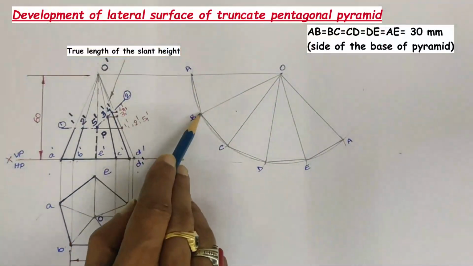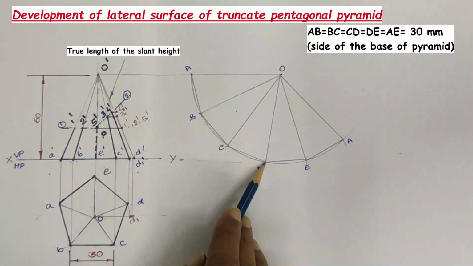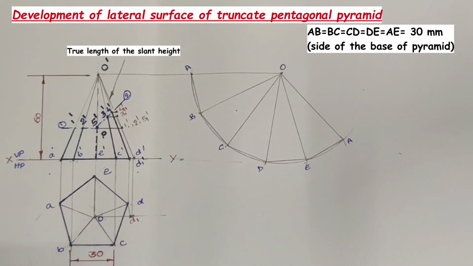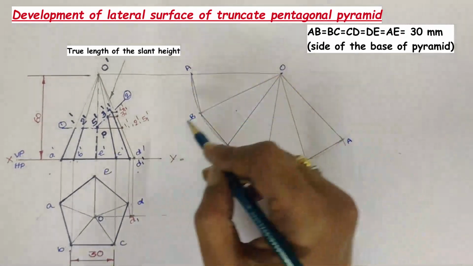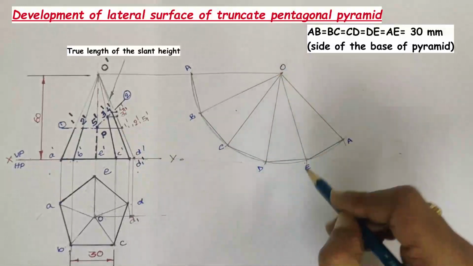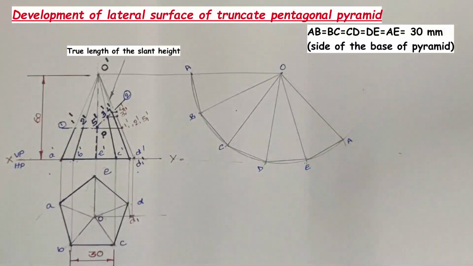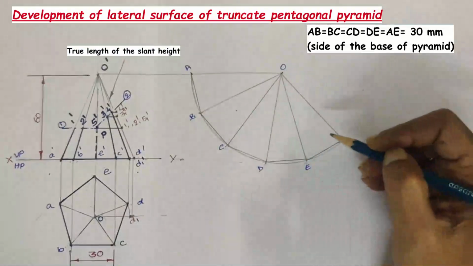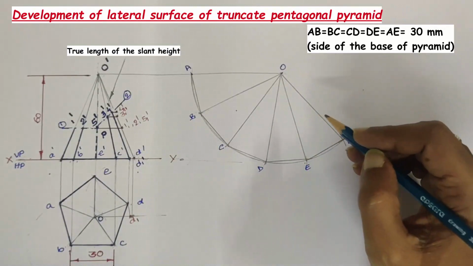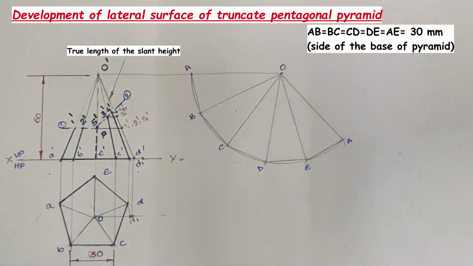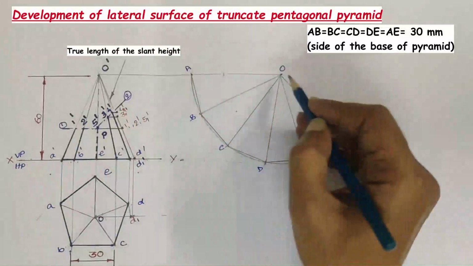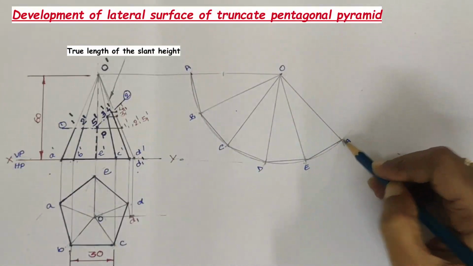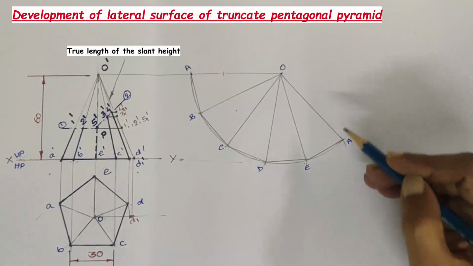Here AB, BC, CD, DE and EA are the base sides of the pentagonal pyramid. OA, OB, OC, OD, OE and OA are the face edges of the pentagonal pyramid. With this we completed the development of the lateral surface of the pentagonal pyramid without section planes. Here OA, OB, OC, OD, OE and OA are called true length of the slant heights in the development.